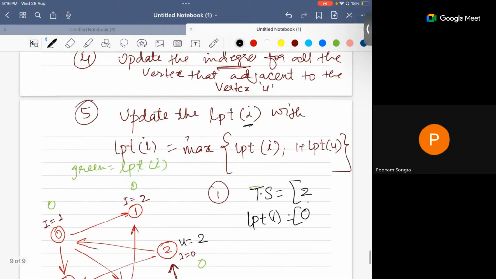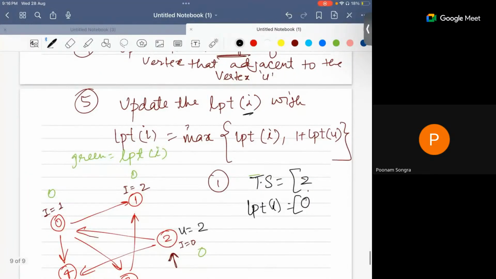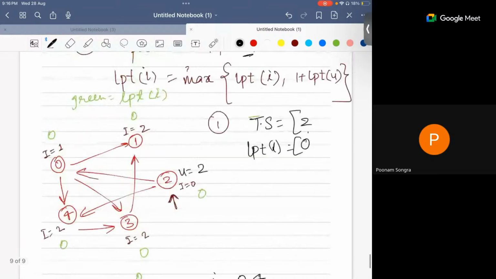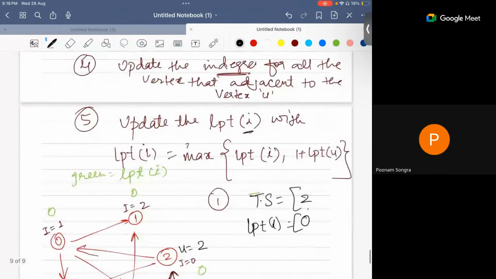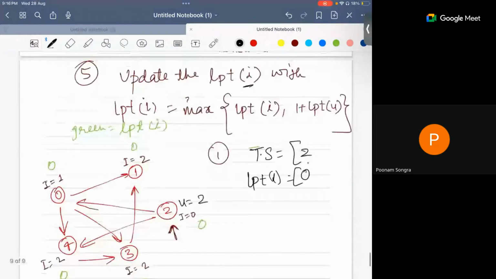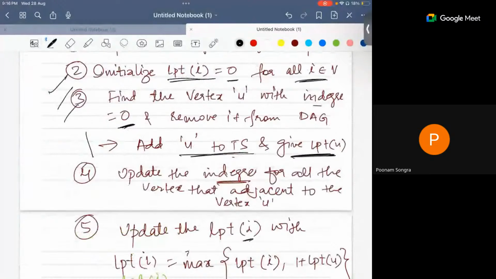After updating the in-degree for the vertices that are connected to u, I have to update the longest path to the connected vertices, that is 0 and 4. So I have to write it: the longest path to 0 is what? This is the updating rule.